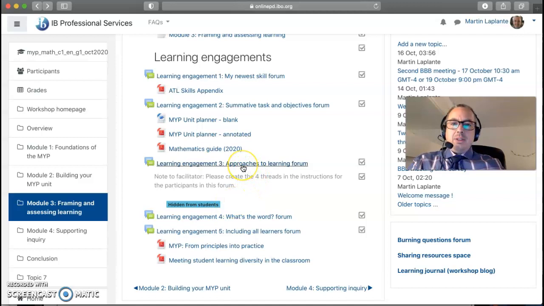Then in Learning Engagement 3, you want to focus on one ATL for the students to develop this skill within your unit plan. Depending on what year you're at, you might not do the same teaching.